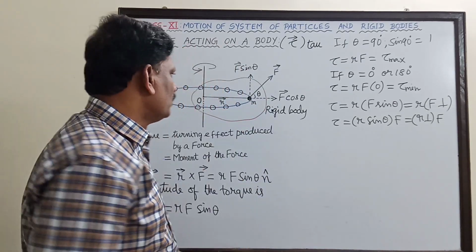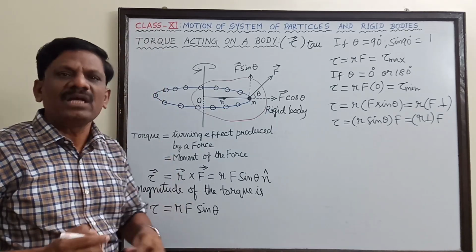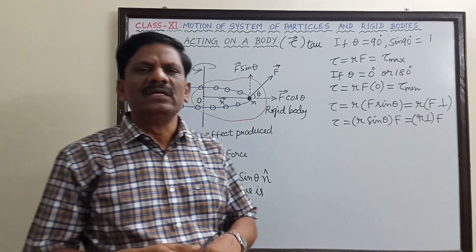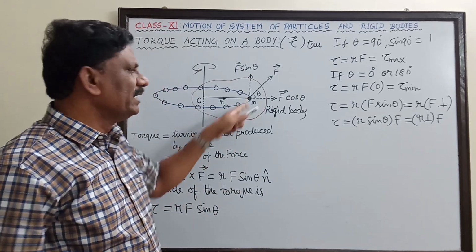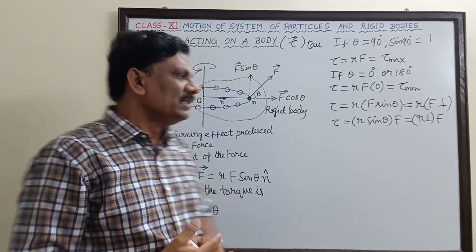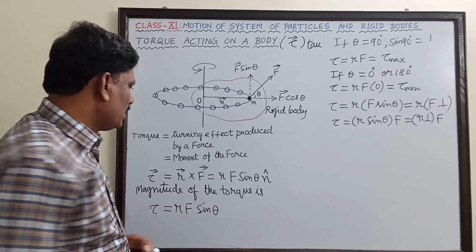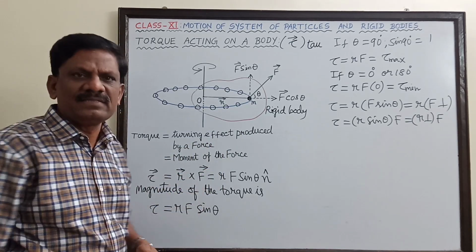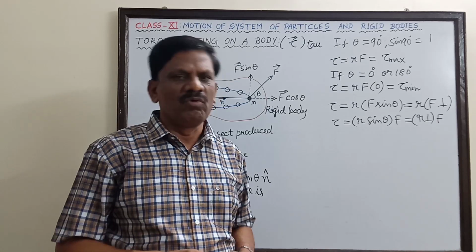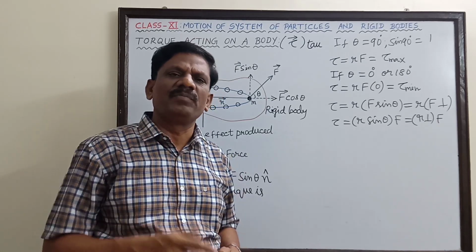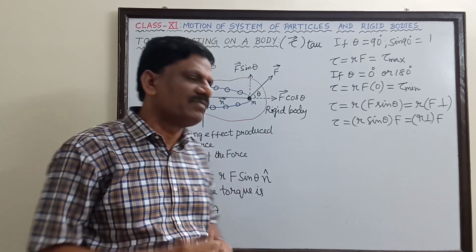Okay. So my dear students, what is meant by torque acting on a rigid body, or torque acting on a single particle inside a rigid body? It is the turning effect produced by the force, and it is also called the moment of the force. The rotational effect produced by the force is also called the moment of the force.